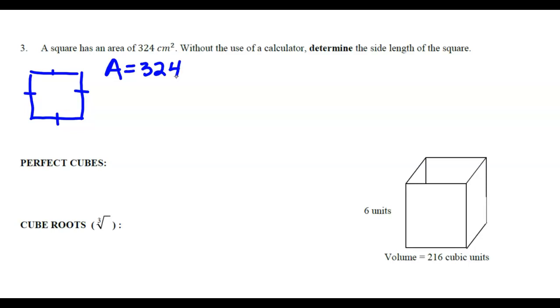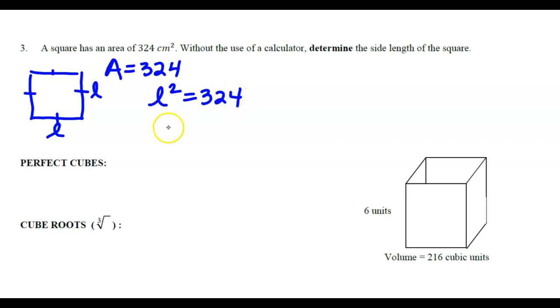Who can tell me? Yep. Length times width. This is a special kind of rectangle. What do we know about the length and the width when we're looking at a square? They're the same or equal. So this could be L and this could be L. So basically, L squared equals 324, the area.